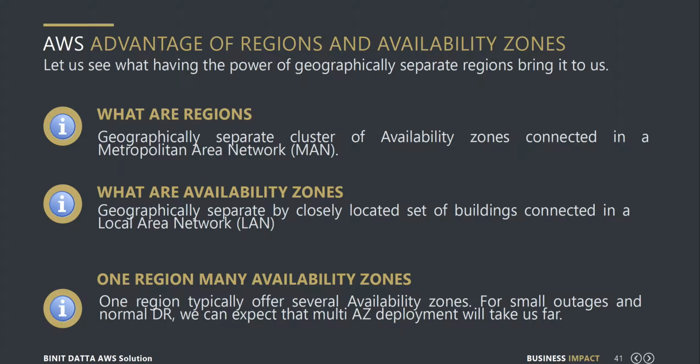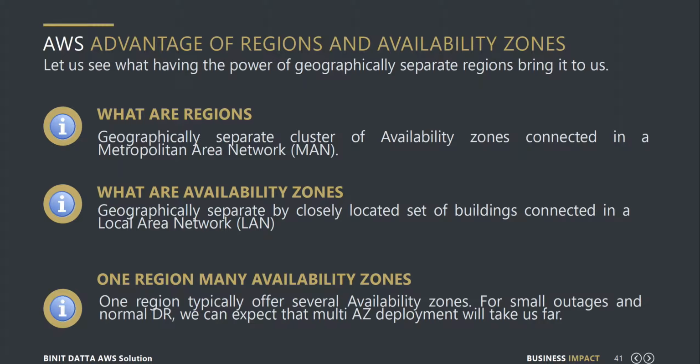If I break it down, say the city of San Francisco has an AWS region. I don't know whether it truly has one, but assume it does. Then north of the city you may see, say, 10 buildings.